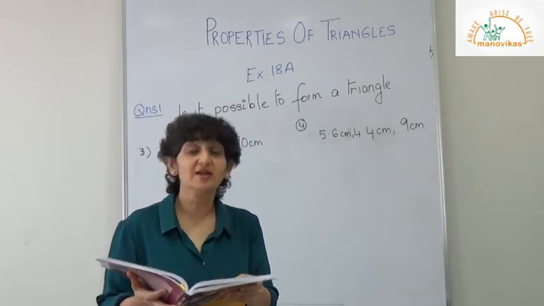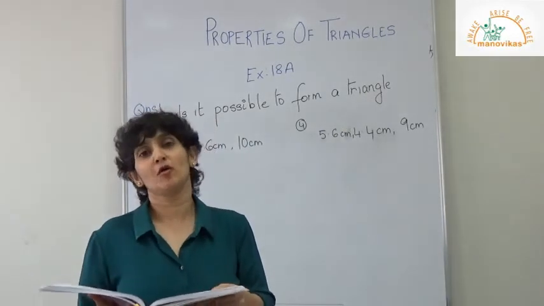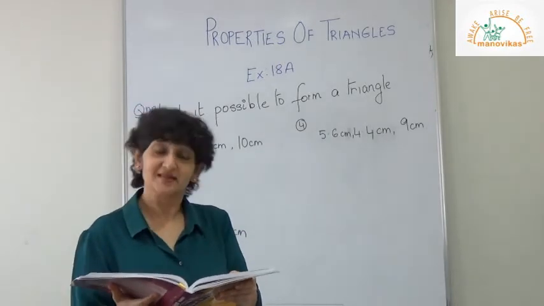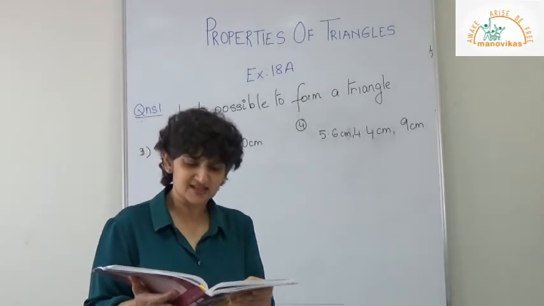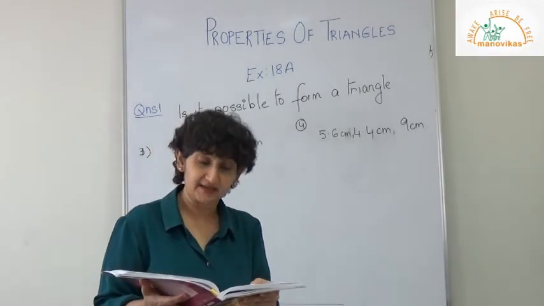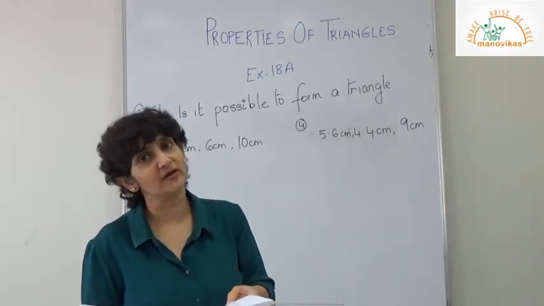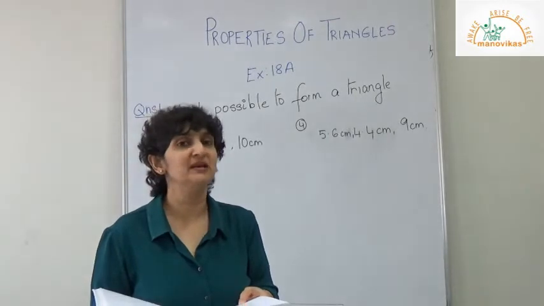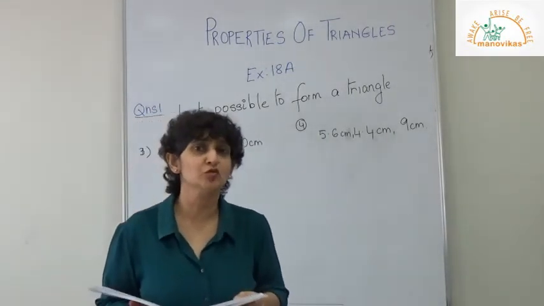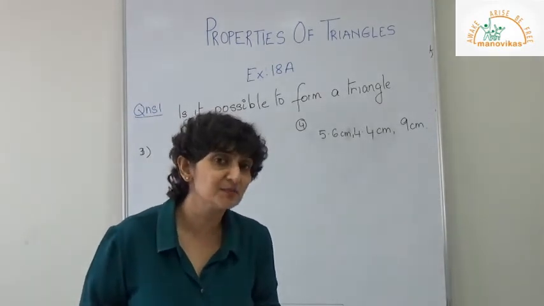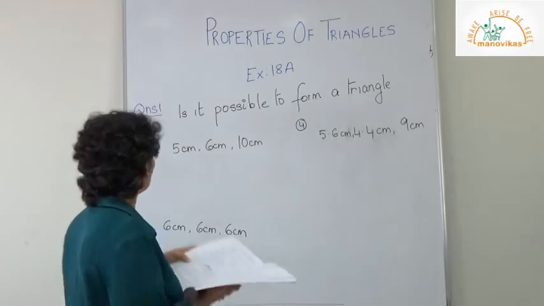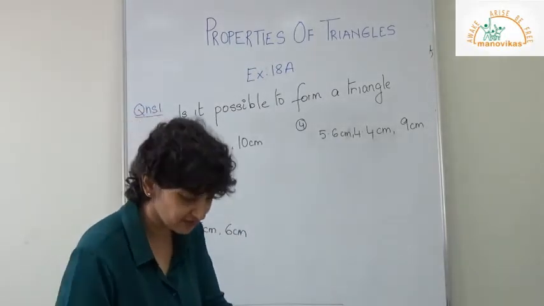So the first one, you cannot form a triangle. Correct? Then question 1, the second sum we will see. 6 plus 8 when I add, I get 14 and the third side is also 14. It cannot be equal. What is your condition? The sum of any two sides should always be greater than the third side. So you cannot do.